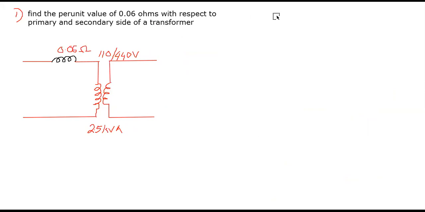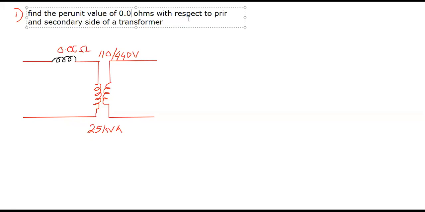You see here, find the per unit value of 300 ohms in section A, section B, section C in the following circuit.